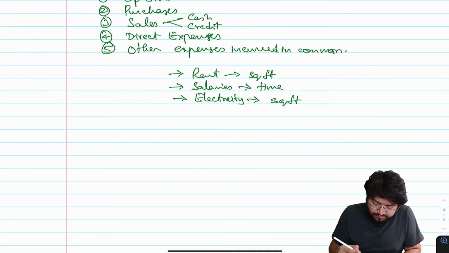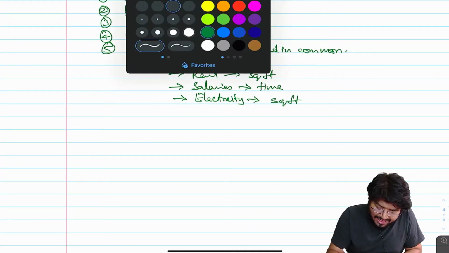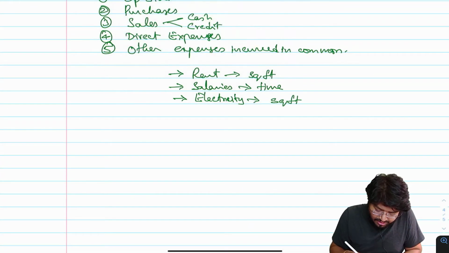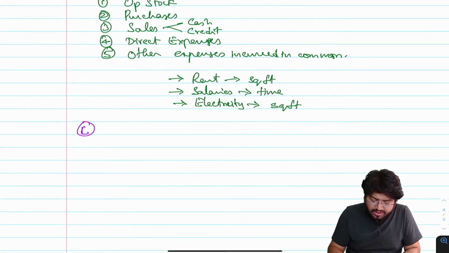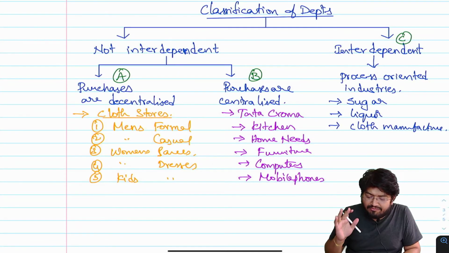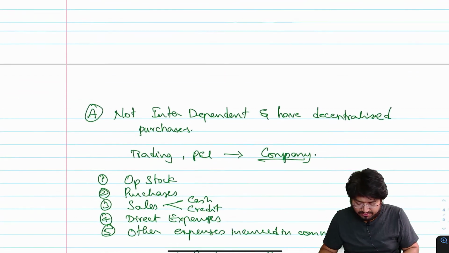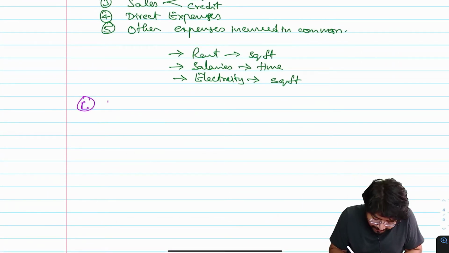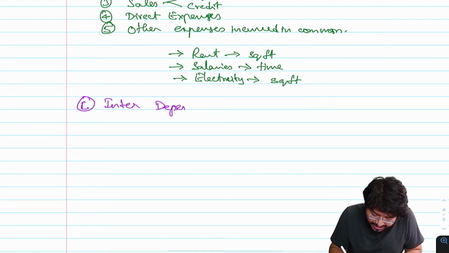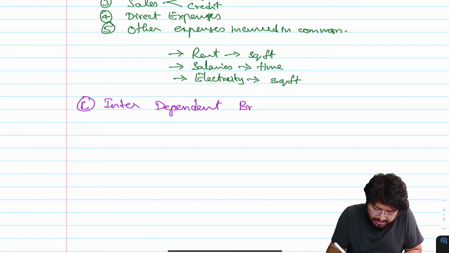Now moving to the second category, where you have, I'll first finish off C. C is basically where they are interdependent, interdependent branches or departments.